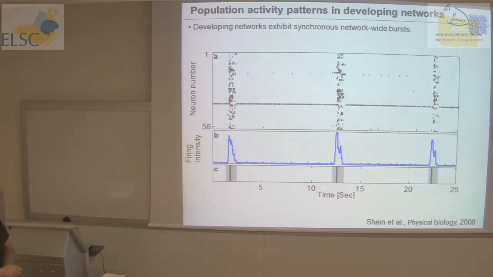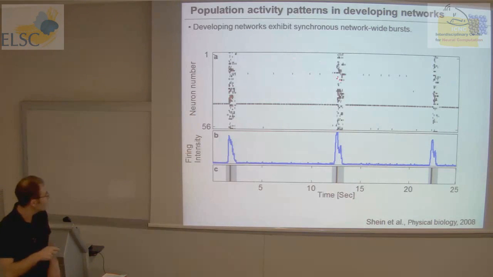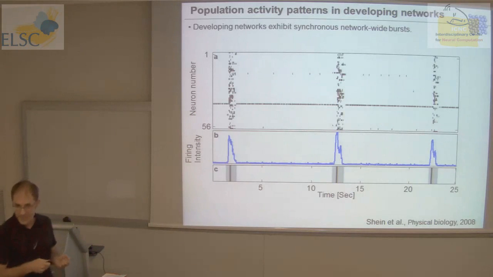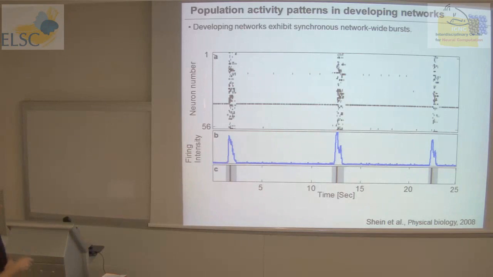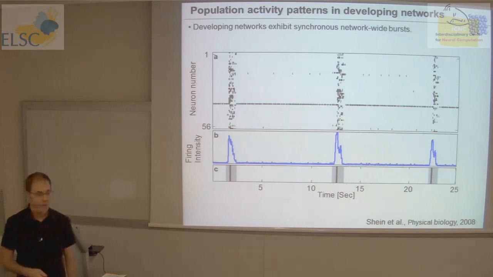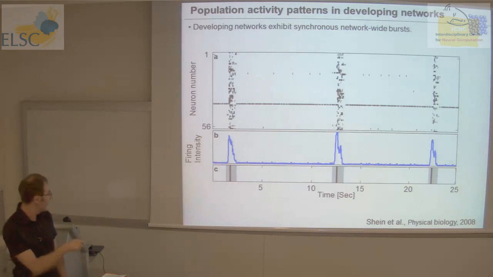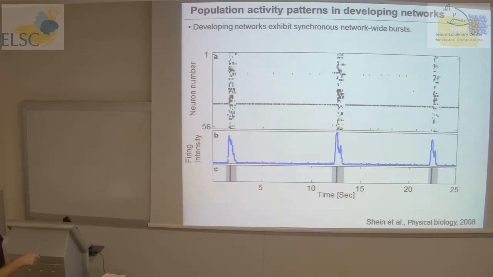Some of the neurons also fire between the bursts, and I'll get into that a bit later. But generally, most of them fire within the burst, and you can just integrate over the activity of all the neurons and get the population activity. You can see that it is typified by a fast onset and a more gradual decay.